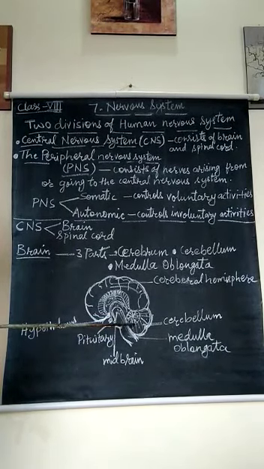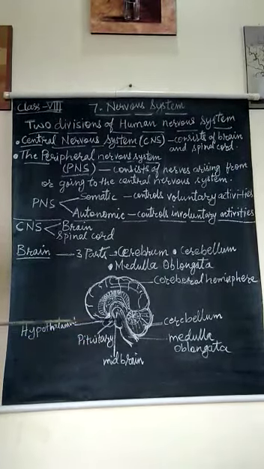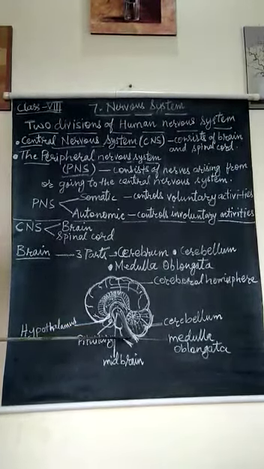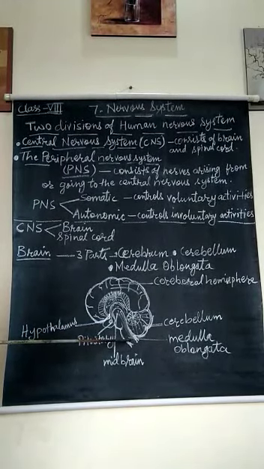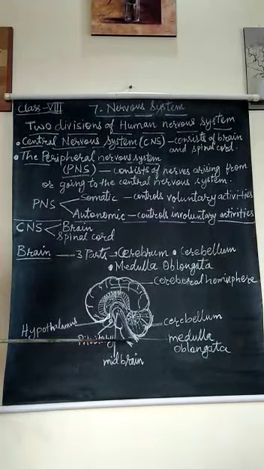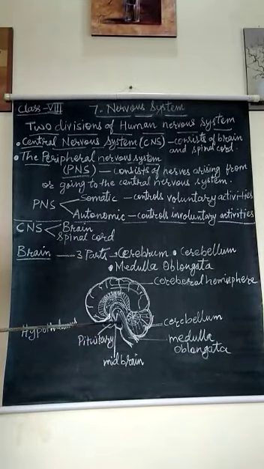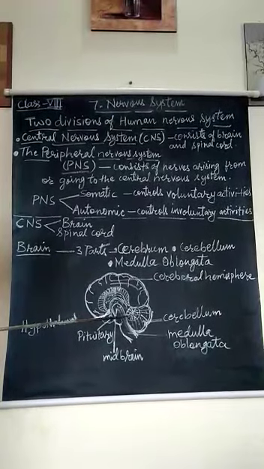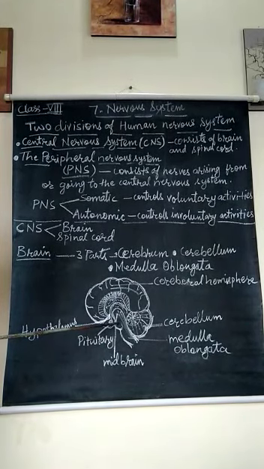Now the last part of the brain is this section, that is medulla oblongata. Medulla oblongata is the lowest part of the brain. It begins just below the cerebellum and it elongates up to spinal cord.